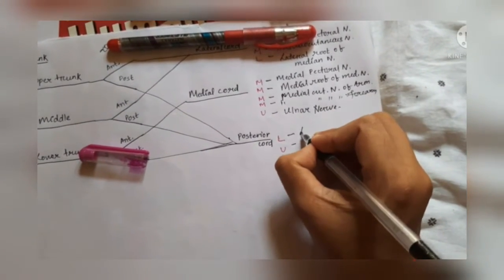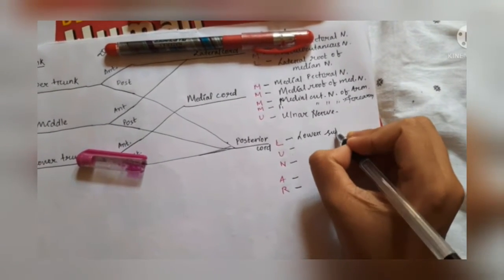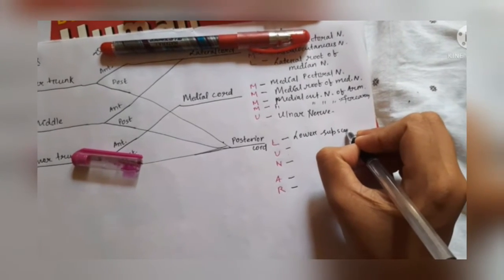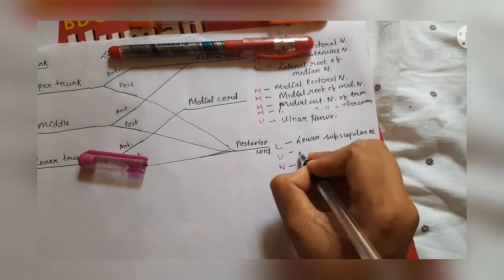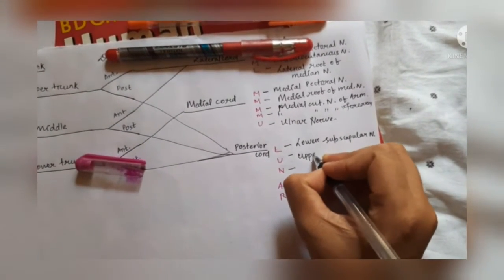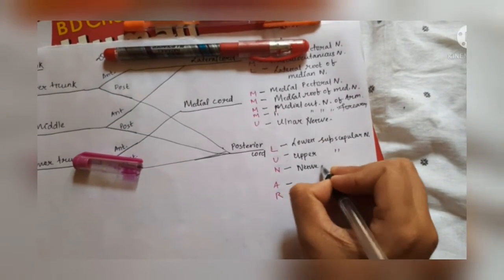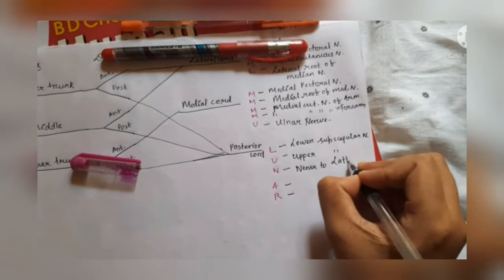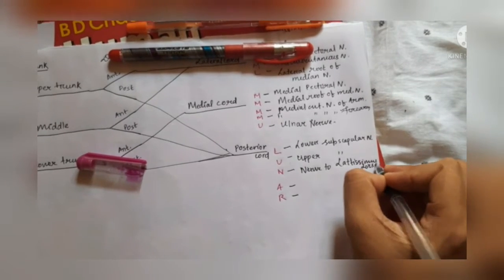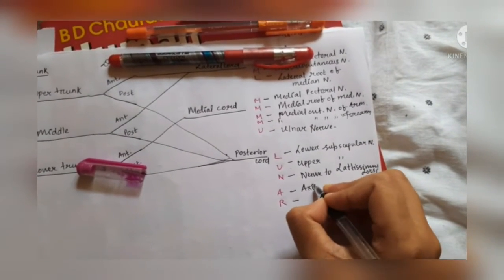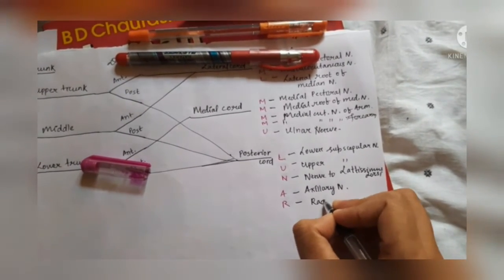L stands for lower subscapular nerve, U stands for upper subscapular nerve, and N stands for nerve to latissimus dorsi, and A stands for axillary nerve, and R stands for radial nerve.